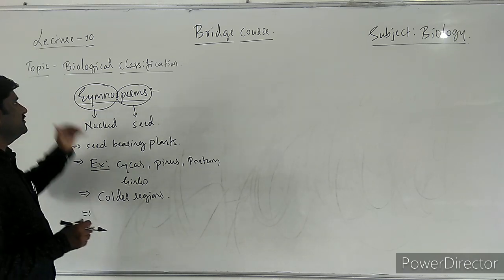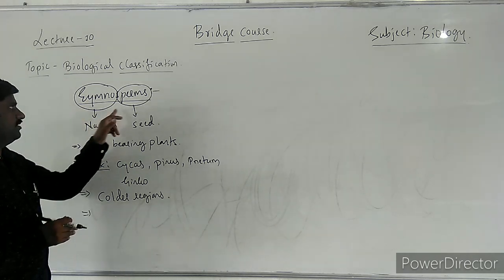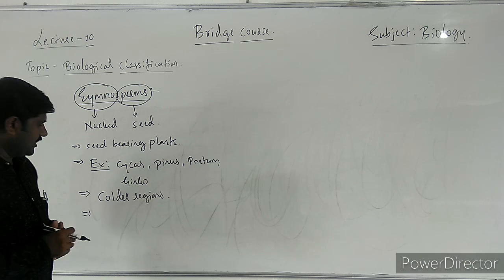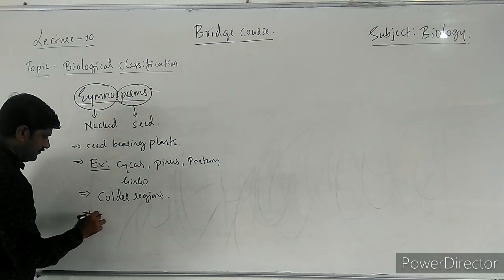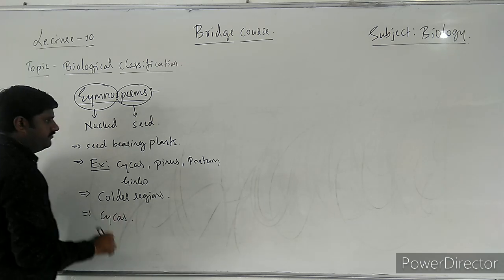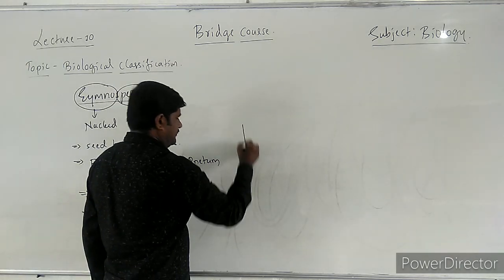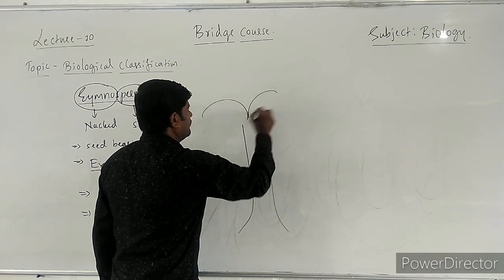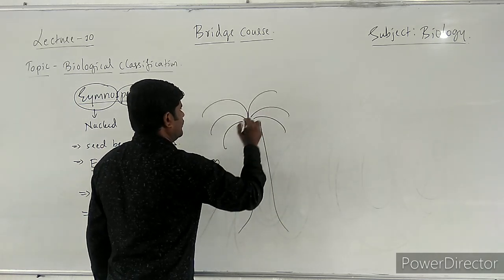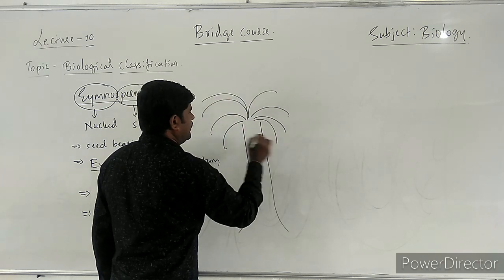A characteristic feature of some gymnosperms: the best example is cycas. When we see the structure of this cycas, it looks like a coconut tree.